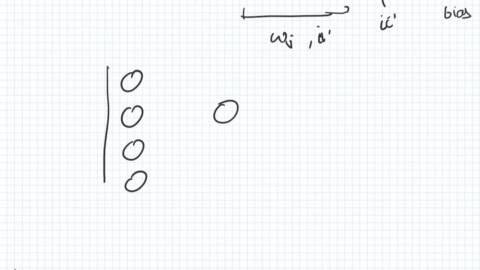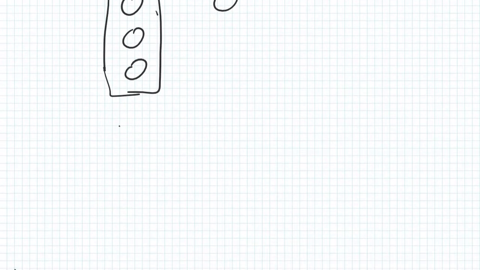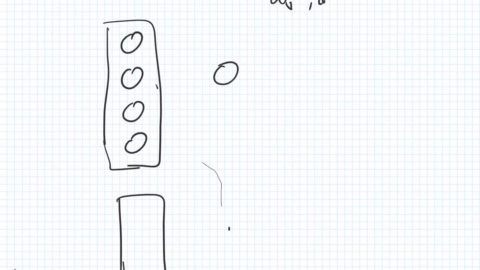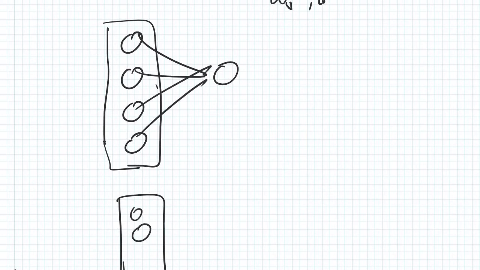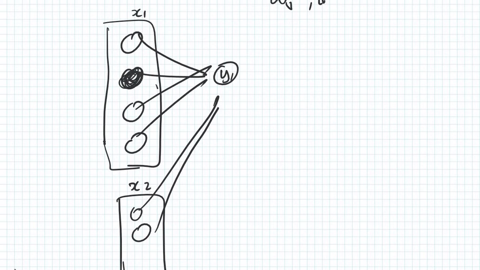So suppose this is all the values x1 can take, and this is x2. Then we have connections like this. And suppose this is active, which means x12 is active, which means o12 is equal to 1. And then all these represent the weights.